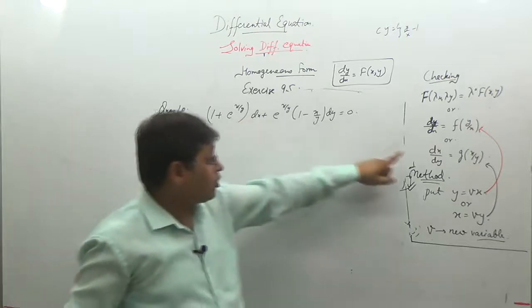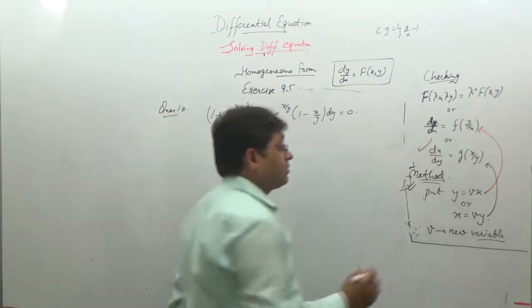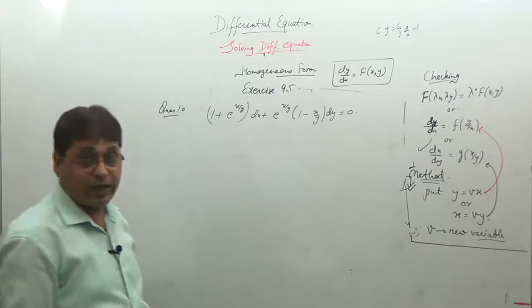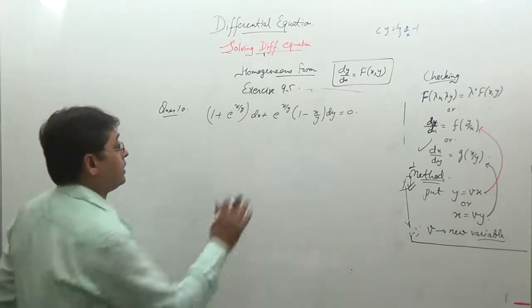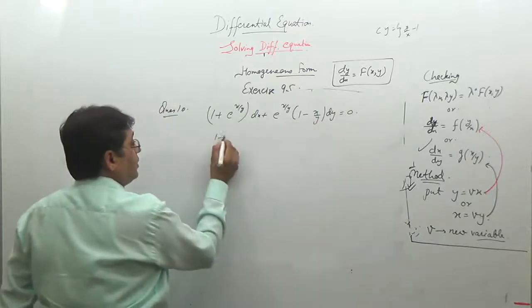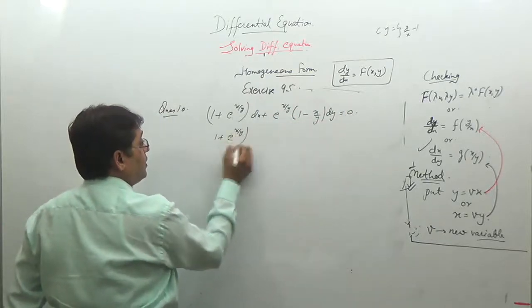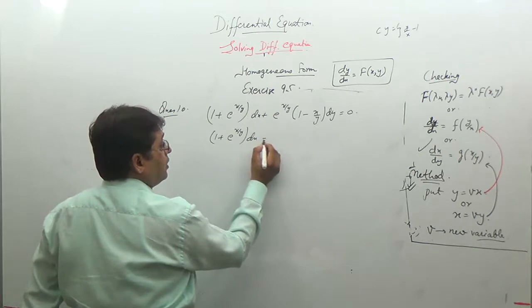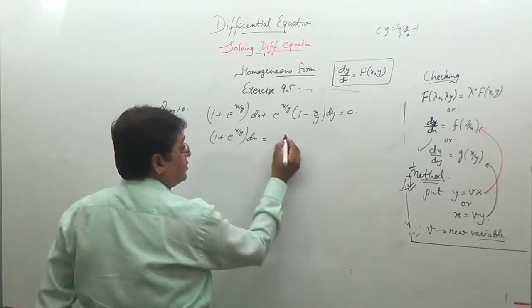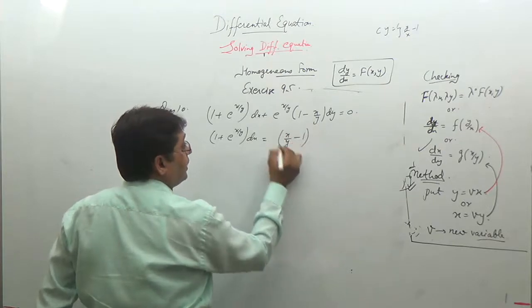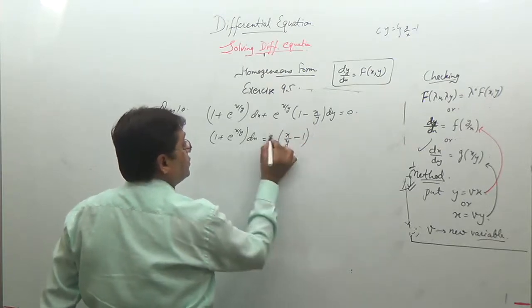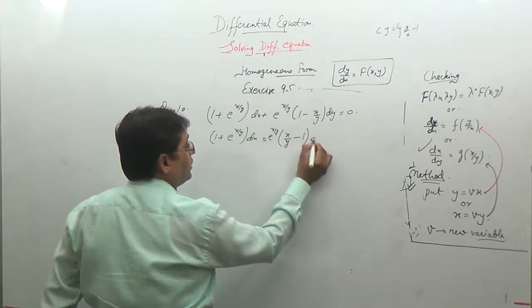So this will be of this type: dx by dy is equal to a function of x upon y. So first of all, write this equation in this standard form. Take this to the right hand side. So you will get minus sign. This minus x upon y will become plus x upon y. Plus 1 will become minus 1. e raised to x upon y into dy.